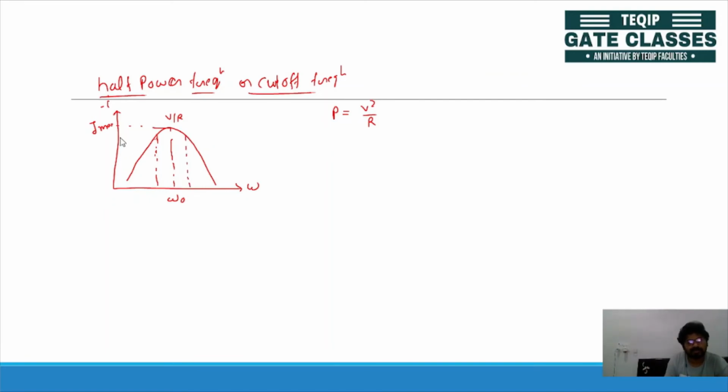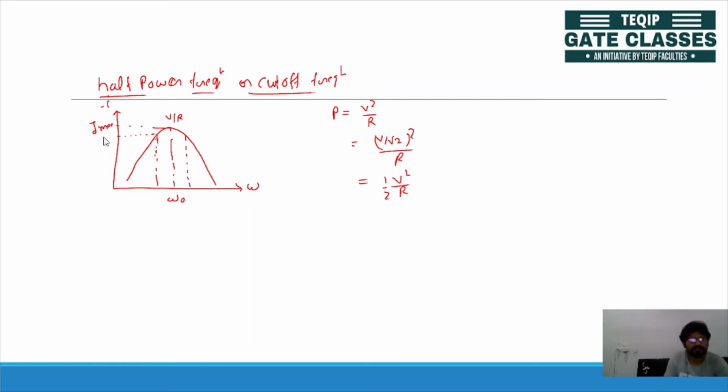So half power means your current will be decreasing, it will be I max by root 2, so I square R gives V square by R times 1 by 2, half power.